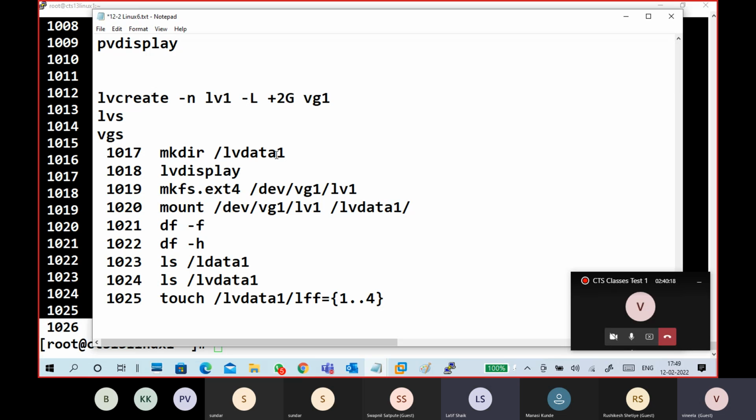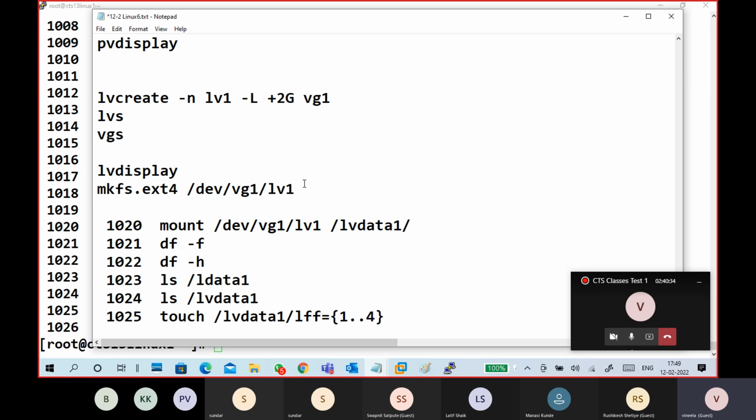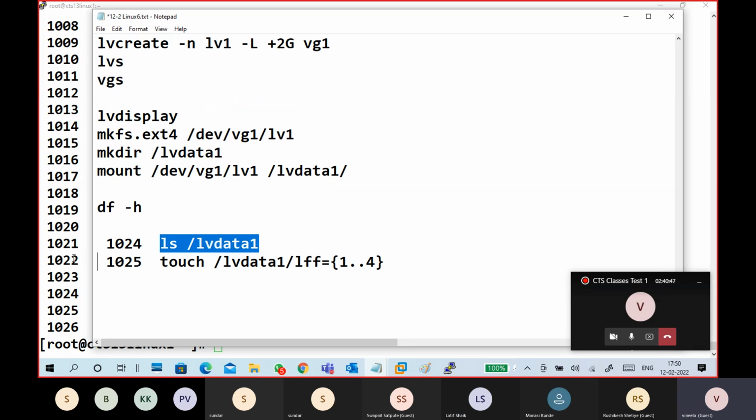So lvdisplay, finally we created. Then create a directory, mount, verify mounting or not, and check it and create some files.